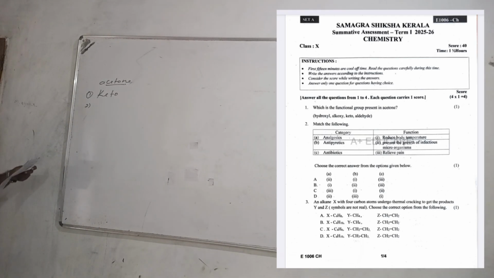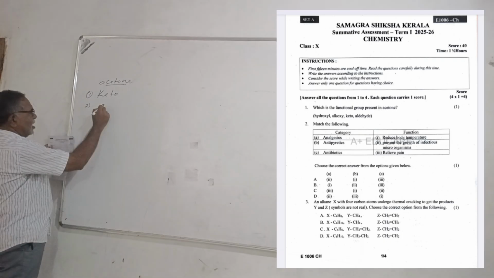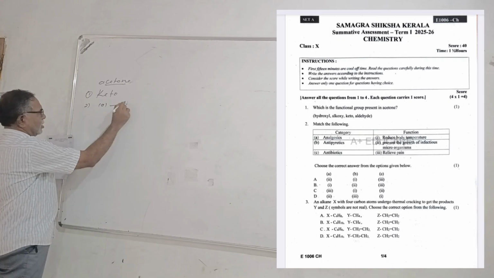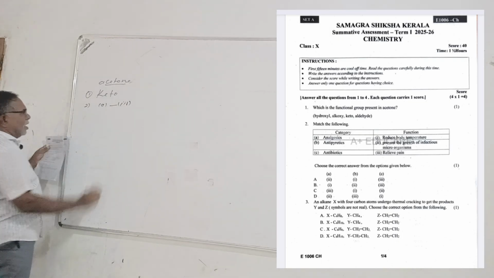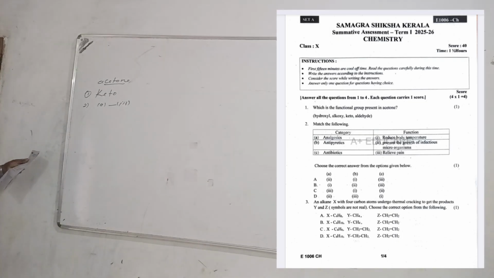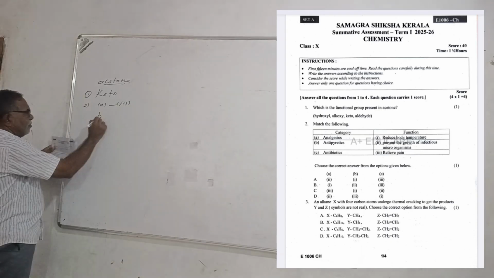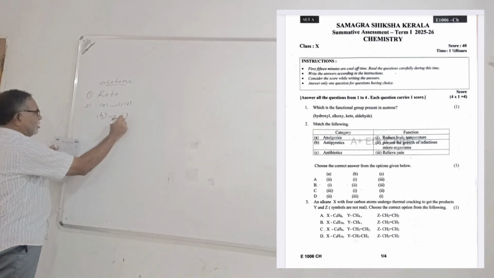Match the following: analgesic, antipyretics, antibiotics. Analgesics such as aspirin tablets are used to relieve pain, so option A is the third. Antipyretics, such as paracetamol tablets, are used to reduce the body temperature, so B is the first option.